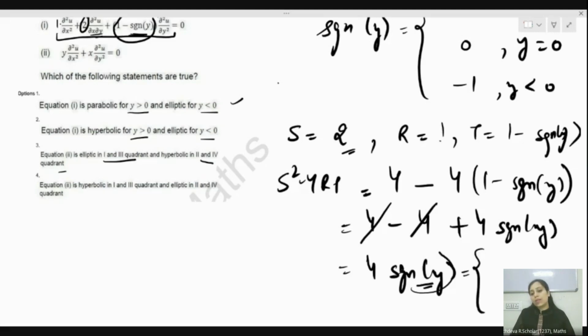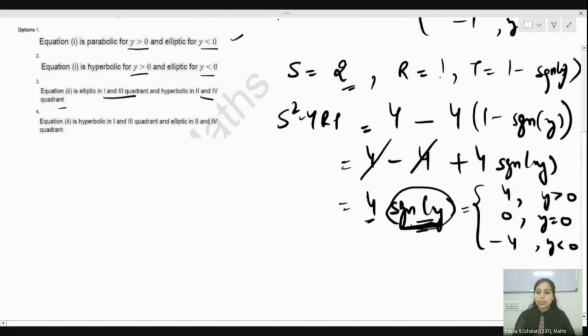So when y is greater than 0, the value is 1, and 1 into 4 is 4. When y is equal to 0, 4 into 0 is also 0. And when y is less than 0, the answer is minus 4. So in the first situation, the answer is positive, which will give you a hyperbolic equation.